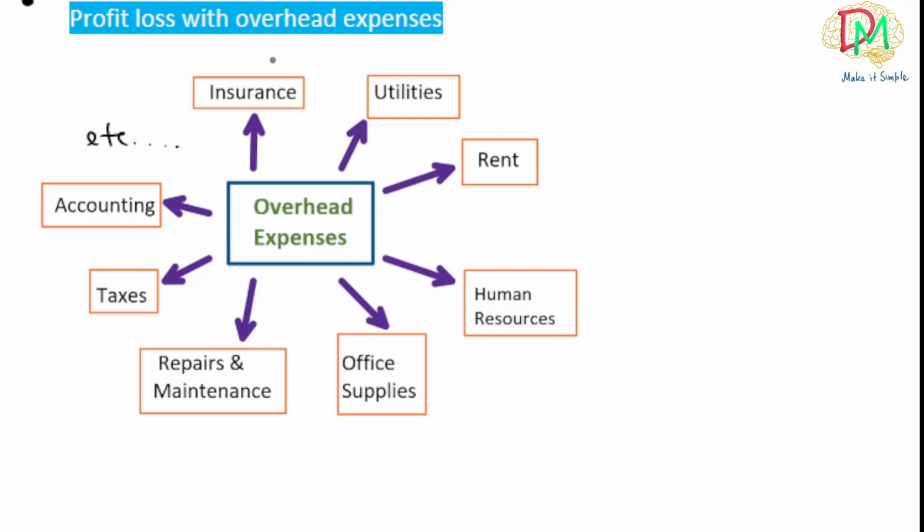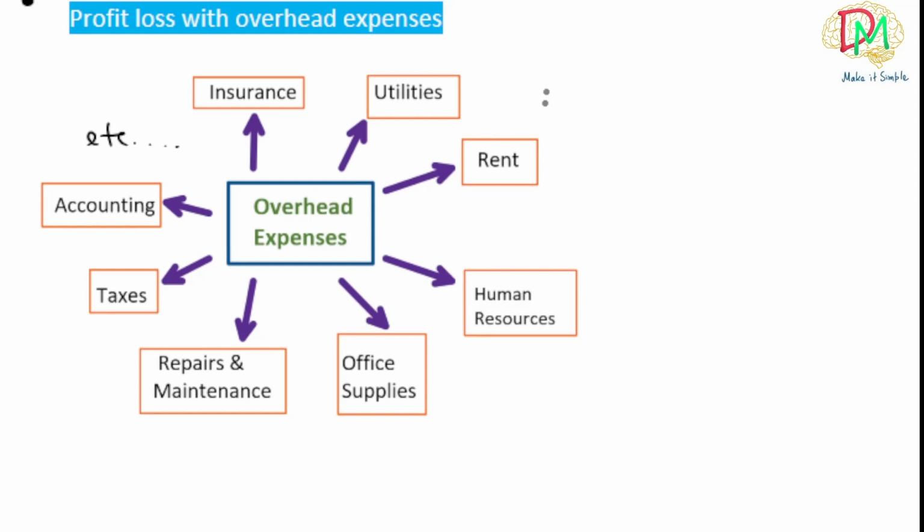For example, the office setup cost, office furniture cost, electricity bill, rent, employee payment, insurance, accounting, tax, repair and maintenance, etc. All these costs are considered overhead expenses.